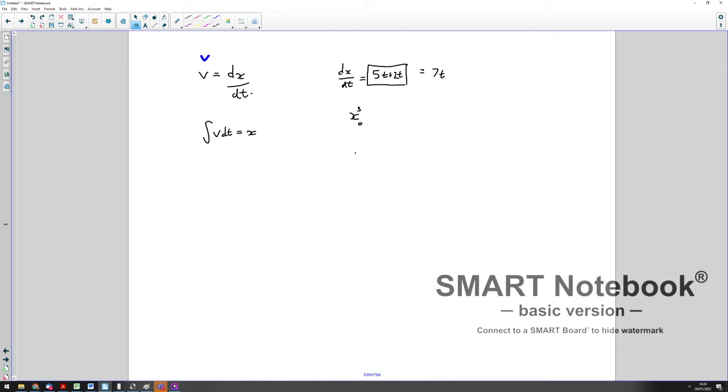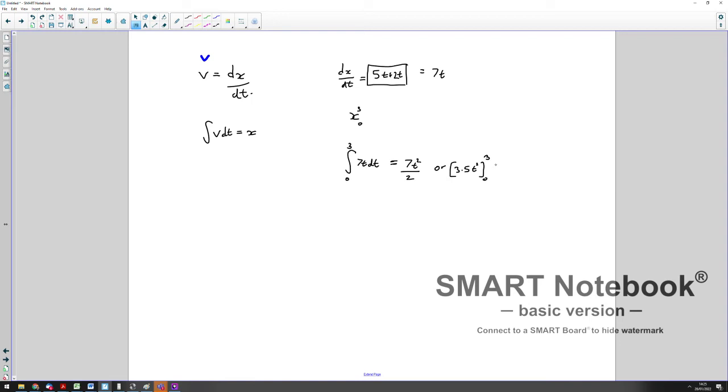So you've got to do the definite integral between 0 and 3 of 7t dt, which is equal to, by my reckoning, 7t squared over 2, or 3.5t squared, between 0 and 3.